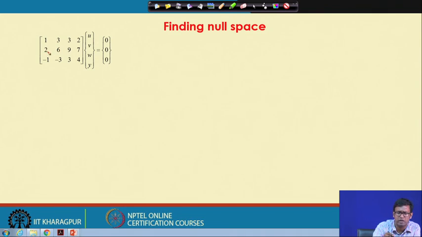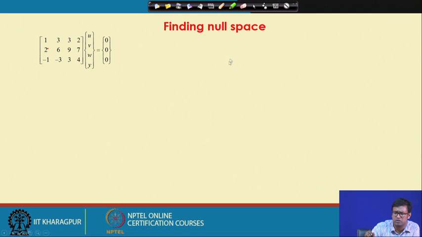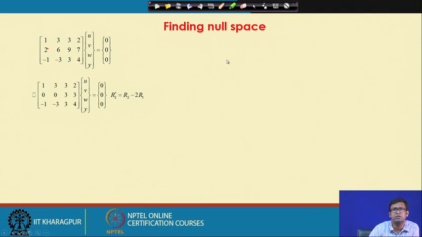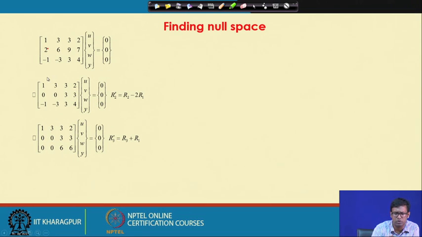So, I will try to eliminate the first column term from the second row, and this is very similar to Gauss elimination steps. The second row will be the second row minus twice the first row. So, these terms are eliminated. The next step is: third row is third row plus first row. So, the first term and the second term are also eliminated.